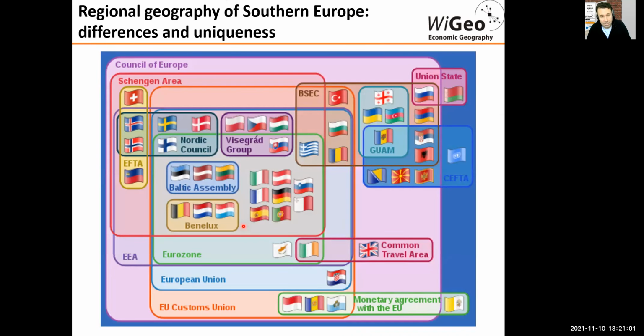And more complex, if we want to understand, for example, trade relationships involving the southern part of Europe, they are certainly less complex if we involve countries that are not part of the European Union but are within a number of agreements that facilitate some type of relationship, and others are placed at the intersection of agreements.